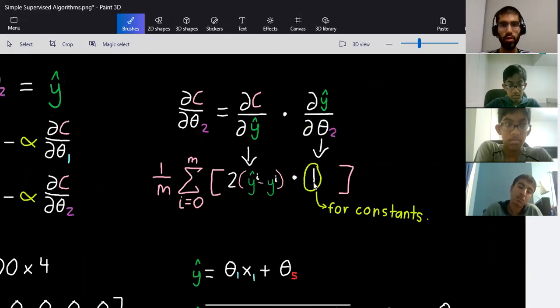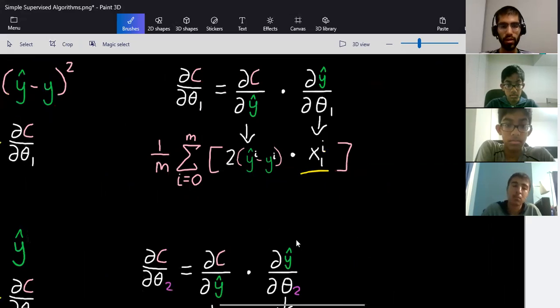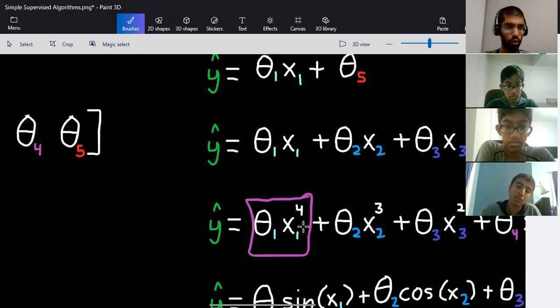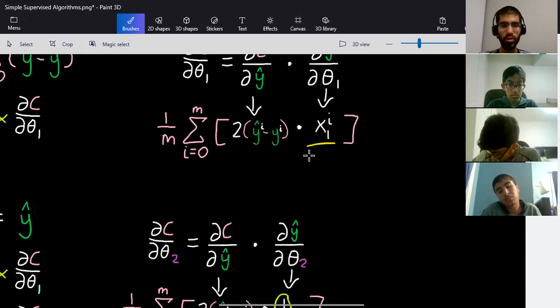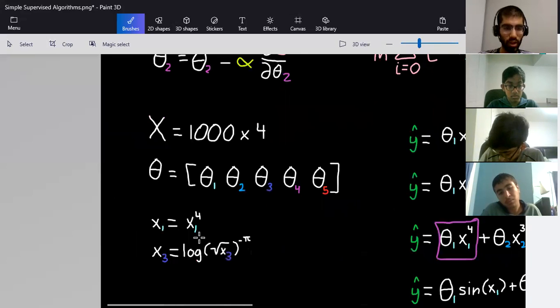When you look at the coefficients, in this case, the coefficients would turn out to be x1 raised to the power of 4. However, you don't need to go and raise the value to the power of 4 again. Reason being, you already replaced x1 with x1 raised to the 4.